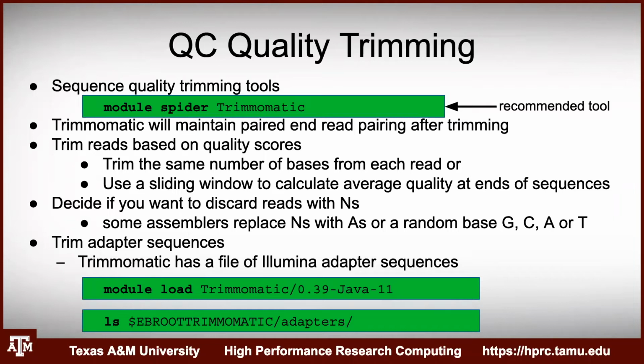Because you have those adapters on there, it may align the actual proper portion of the read, but it still has to deal with those adapter sequences. So that's going to lower your mapping quality. It may force it to not align at all, so that's not a good idea.